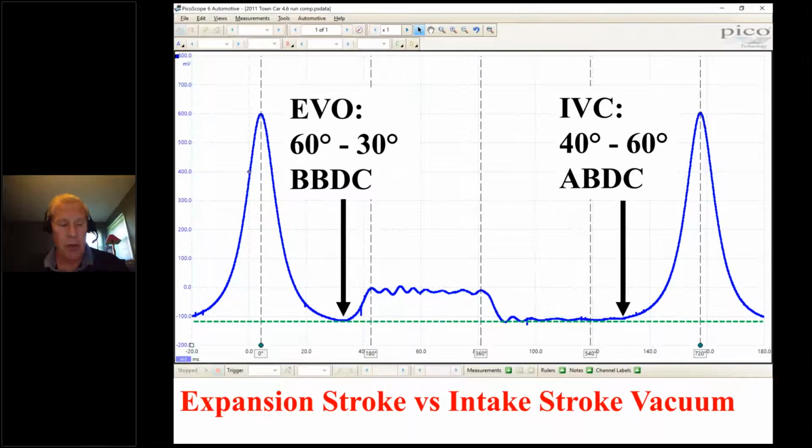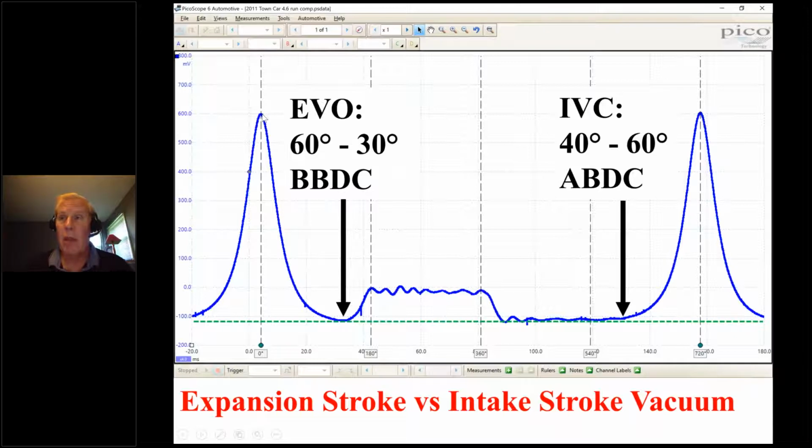So I'm going to start here, bottom dead center. The piston moves up, 60 degrees later, the intake valve closes. So we have 120 crank degrees to start and build pressure. Now, a lot of that, of course, is to get out of our vacuum stroke, but nonetheless, we have 120 degrees to build pressure, and we build some pressure.